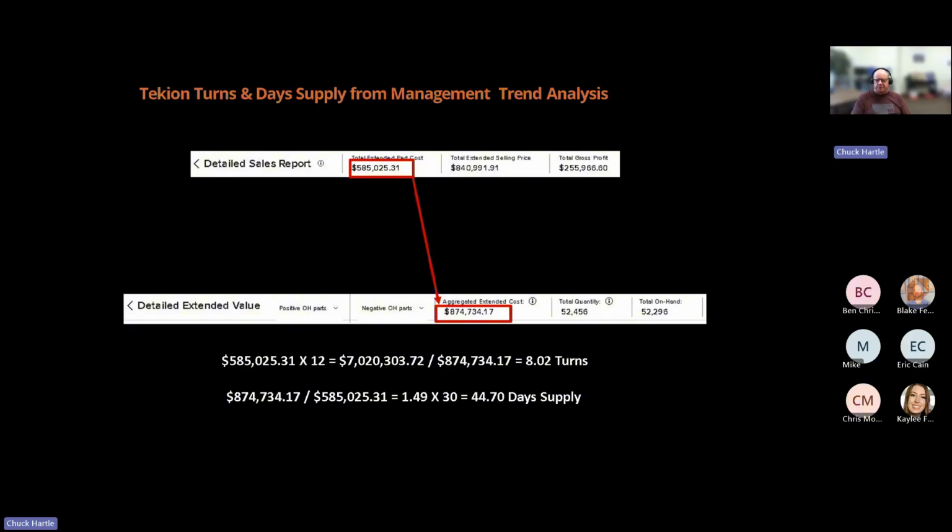Here's a detailed sales report, Chris. I would assume you could isolate, and I think you can isolate your stock sources and exclude those SPO sources and probably come out with a pretty good detailed sales report. And I know one of the things that they do have, Chris, because I've used it, is Tekion does have sales by source.